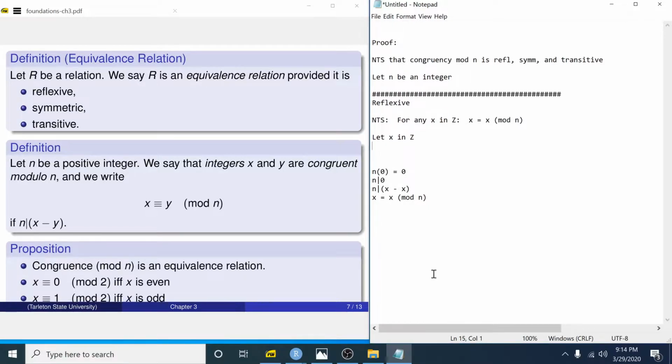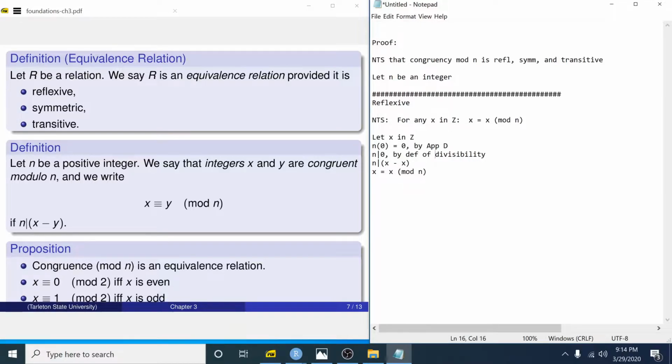Now we've done this using logic that's backwards in a way, but if we read this forwards, this proof is completely valid. Let x be in Z. Is n times 0 equal to 0? Yes, that's true by appendix D. Does that mean that n divides 0? Yes, by definition of divisibility.